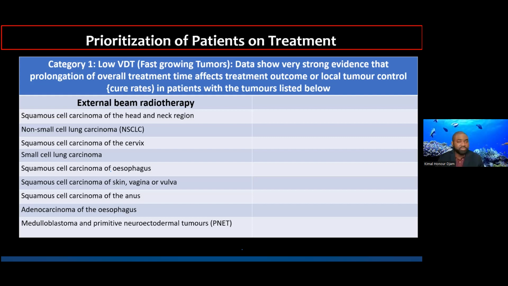The most famous tumors with very low VBD are squamous cell carcinoma of the head and neck. You have non-small cell lung cancer. You have squamous cell carcinoma of the cervix, small cell lung cancer. You have squamous carcinoma of the esophagus, the skin, the vagina, the vulva. You have squamous cell carcinoma of the anus, the adenocarcinoma of the esophagus, and so on and so forth.